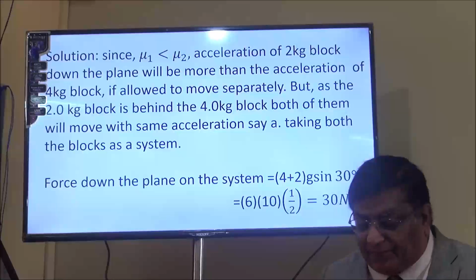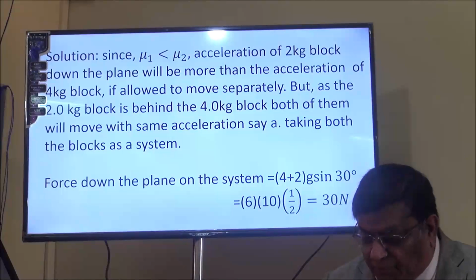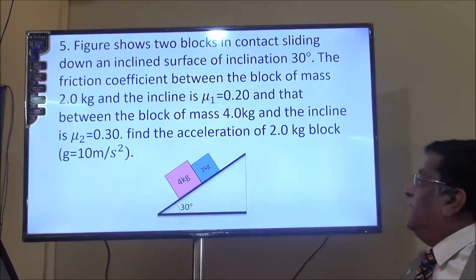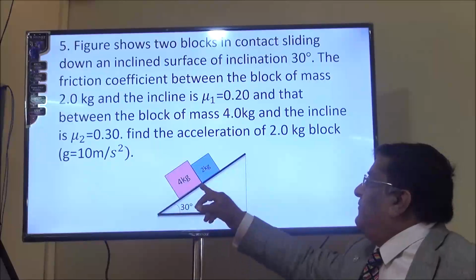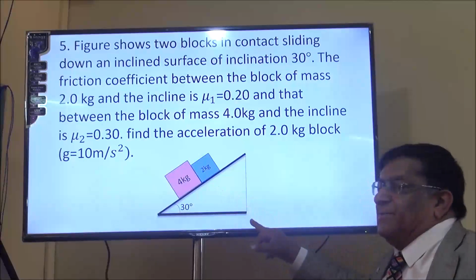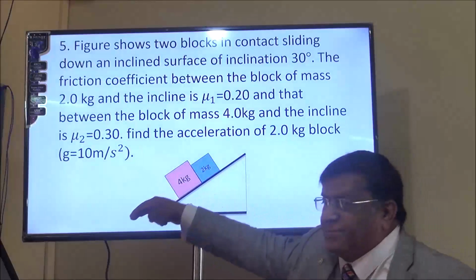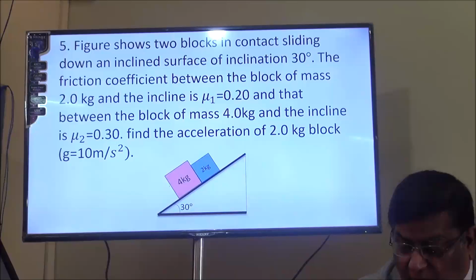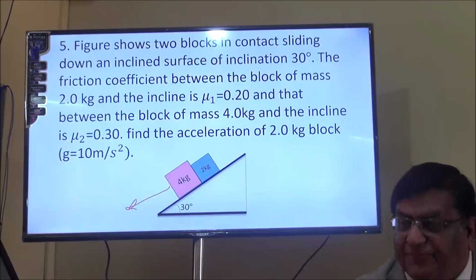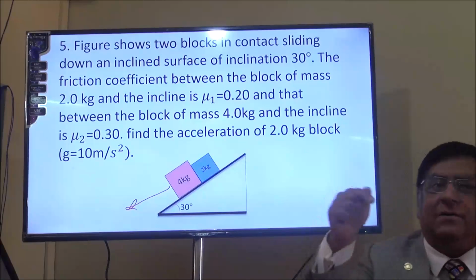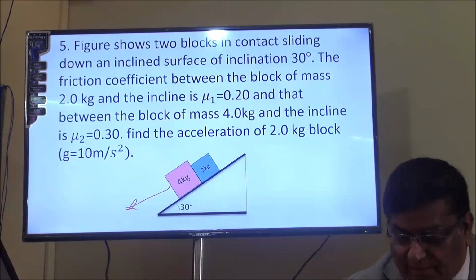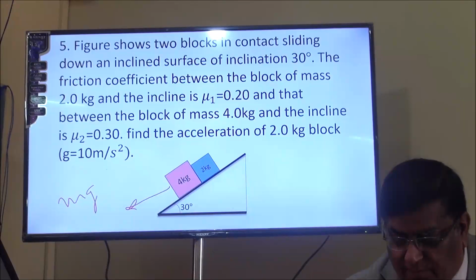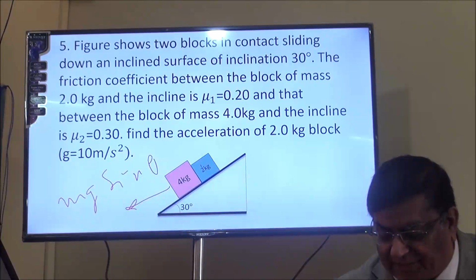How much should be the force on the system? How do we find it? If this is mg, then we know the reaction is mg cos theta, and the force which is bringing it down is mg sin theta. This should always be remembered by us. How much force is bringing it down along the incline? Mg sin theta. And how much is the reaction?